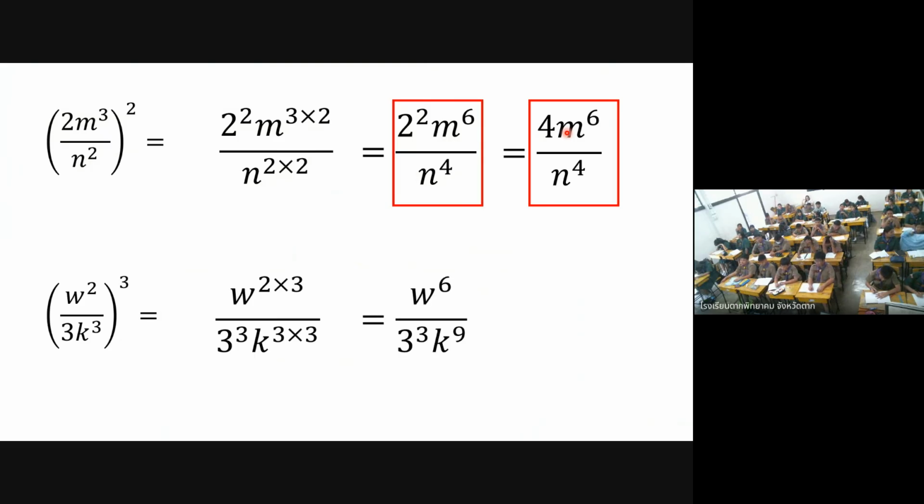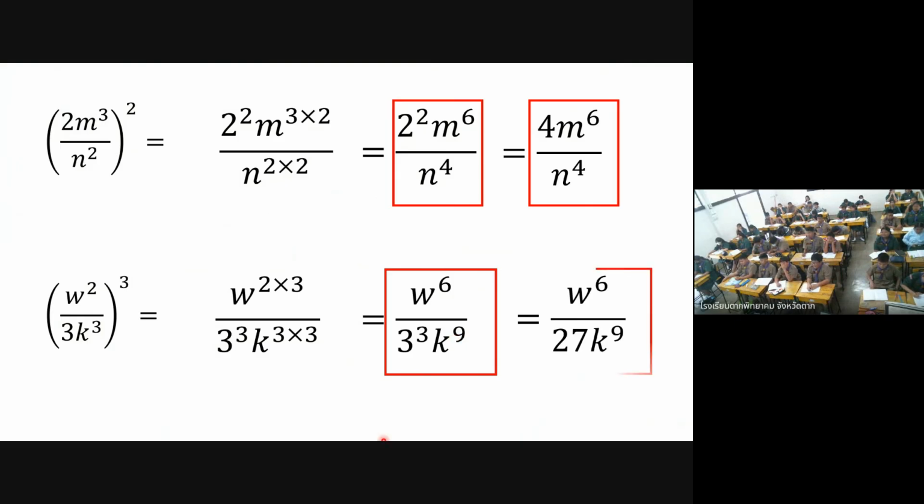Because again, we're going to simplify. 2 times 3 would be 6. Again, this is 1, right? The base is 3. The power of base 3 is 1. So 3 to the power of 1 to the power of 3 is 3 to the power of 3. And k to the power of 3 to the power of 3 is k to the power of 9. And the answer is, we can simplify to w to the power of 6 over 27k to the power of 9. But you can just answer this one.